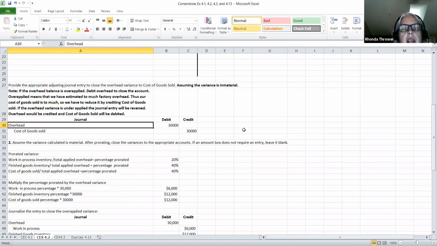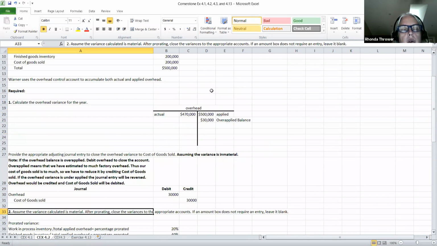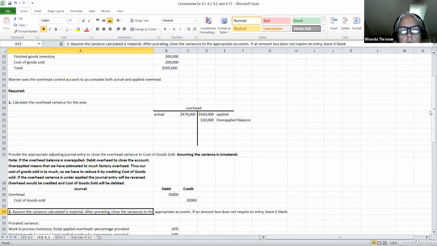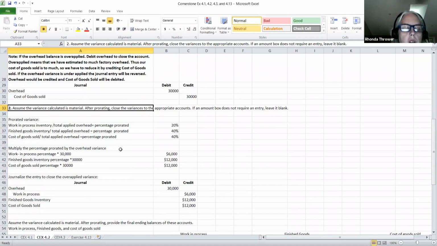If the variance is material, we will prorate the balance of this overhead account into our work in process inventory, our finished goods inventory, and our cost of goods sold. So this is something new in this chapter that you probably don't know about. There are two ways to dispose of factory overhead.